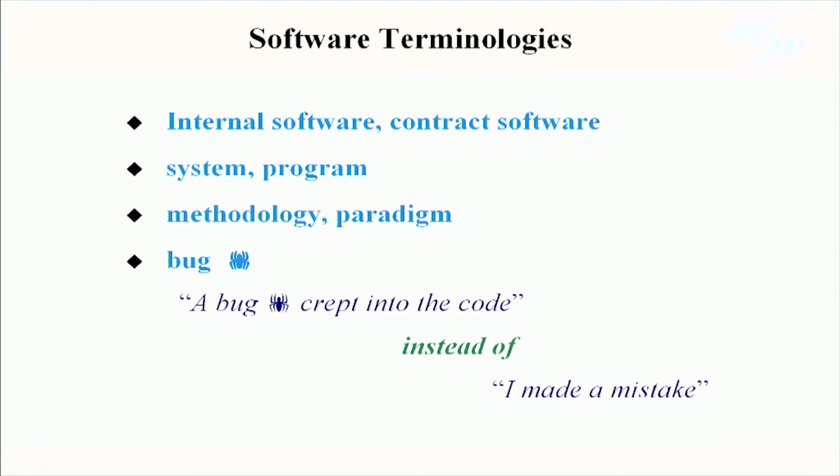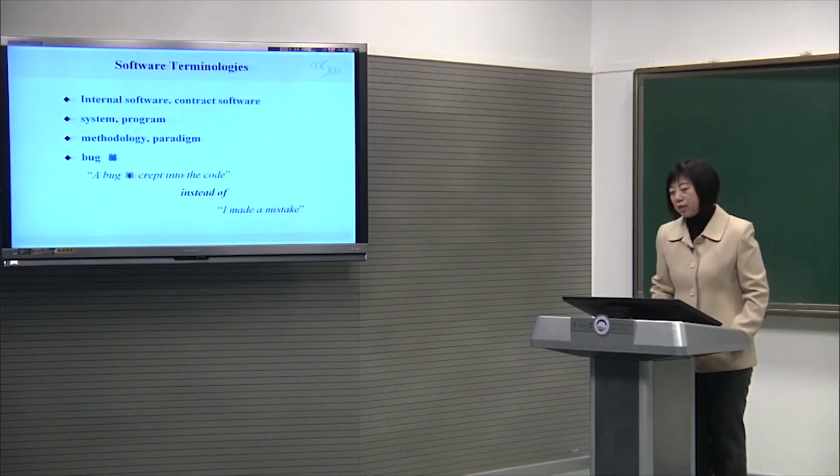Actually, someone has made some mistakes that cause some problems, some bugs, some errors in the code. They won't say it so bluntly. They just say that there are some bugs inside the code, or a bug crept into the code, and so on. That's an interesting thing.